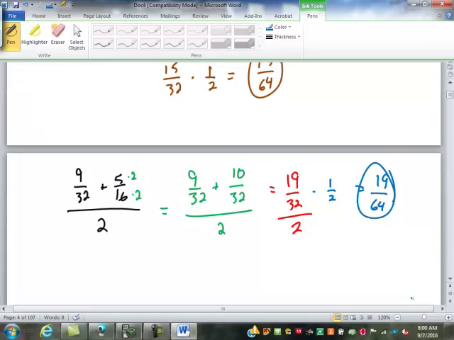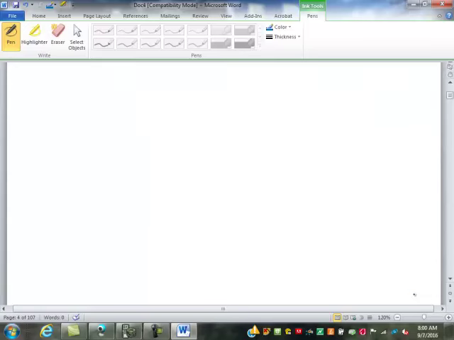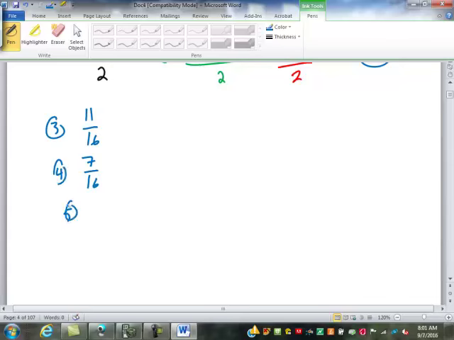So for number 3, 5/8 and 3/4 is going to become 11/16. You guys get 11/16 for number 3? What'd you get for number 4? 7/16. Good. Number 5. 5/8 works for me.